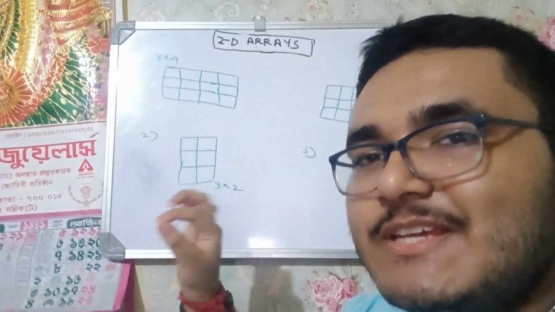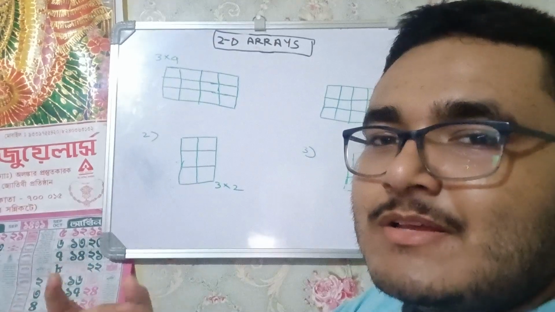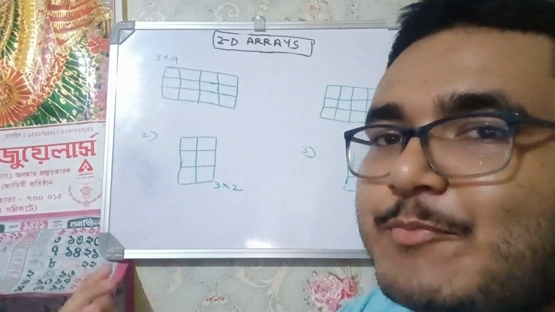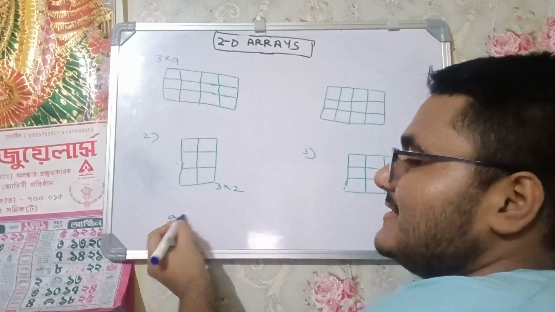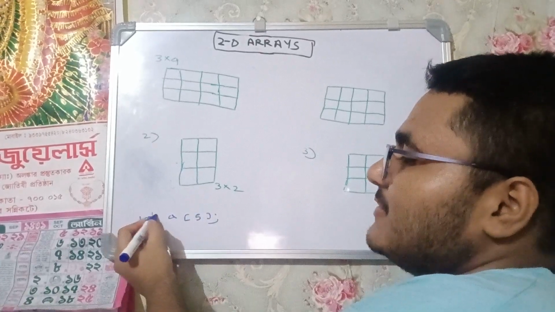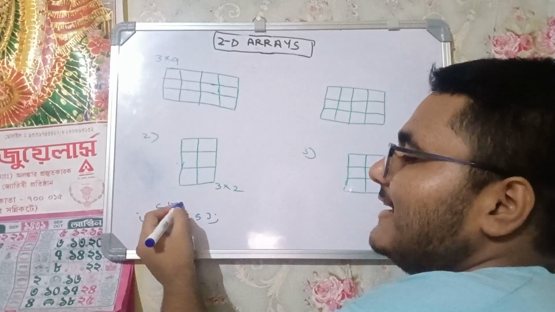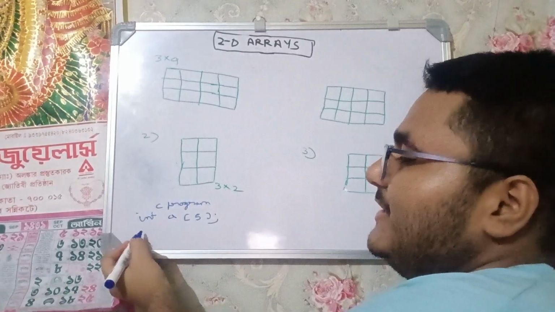And also the C programmers, please try to think, because it is nothing, just in case of a single dimensional array, say an array of size 5, in case of C program we used to directly declare int A of 5. So in case of a 2D array, what will it be?